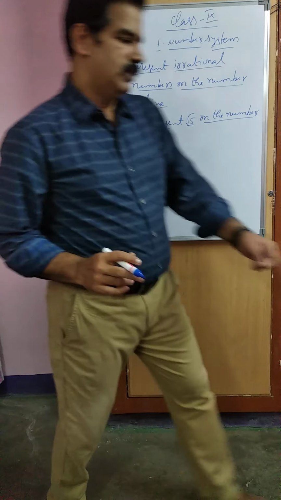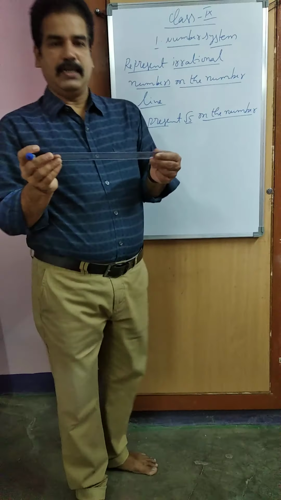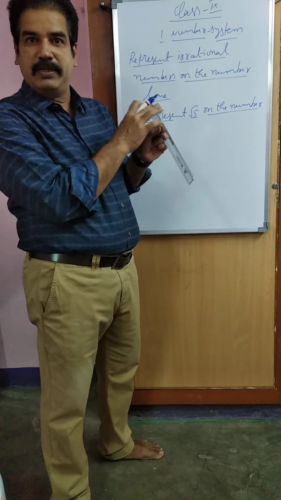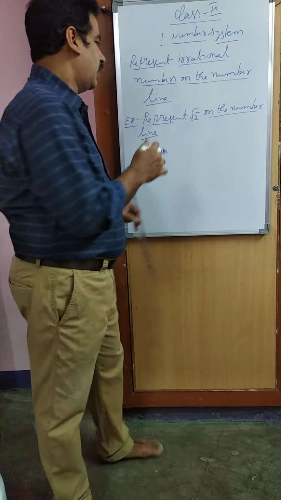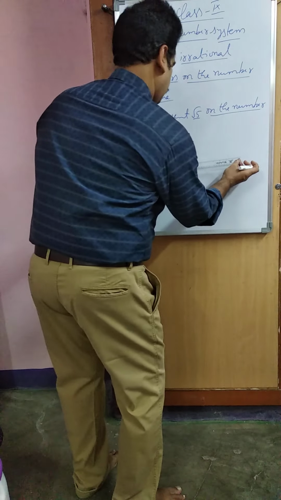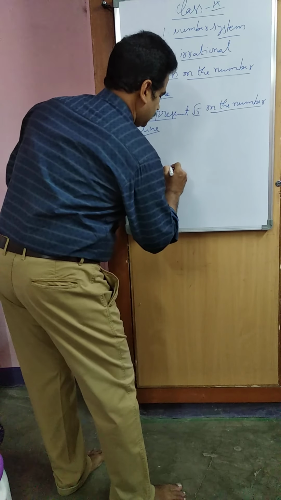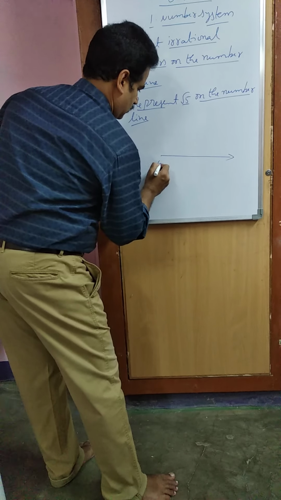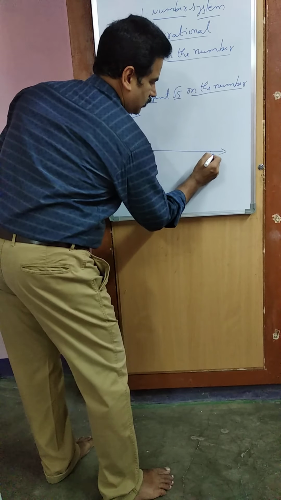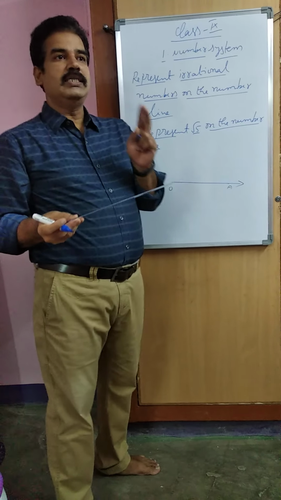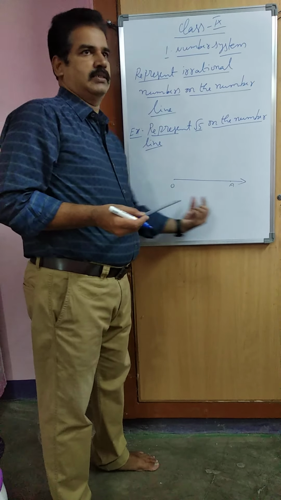For that, you see, this is a scale. In this one side centimeters and another side inches will be there. So for representing root 5 on the number line we have to draw a ray OA using scale, and take 2 inches on this base.